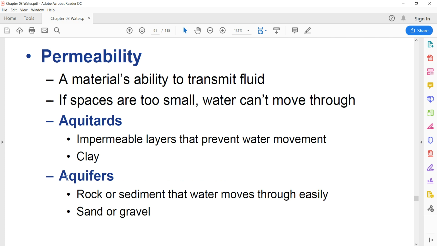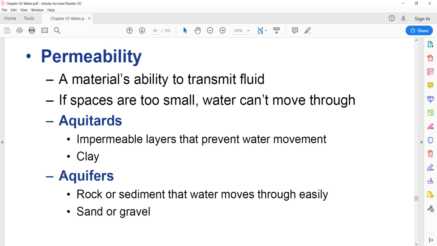So aquifer, you guys must have heard of this. This is a very common source of drinking water from the groundwater resource. It is a type of rock or sediment that water can move through easily. It is made up of sand or gravel. So the main idea is the water can easily move across this rock. So such types of rock are called aquifers.